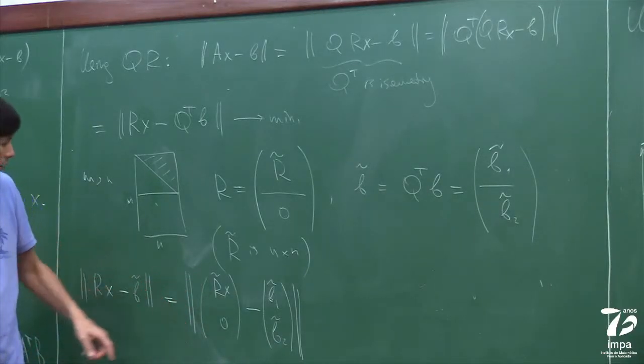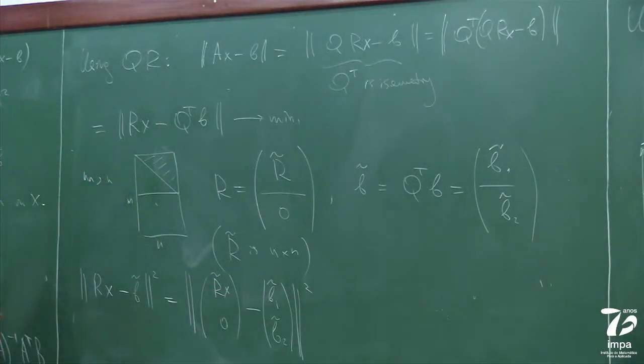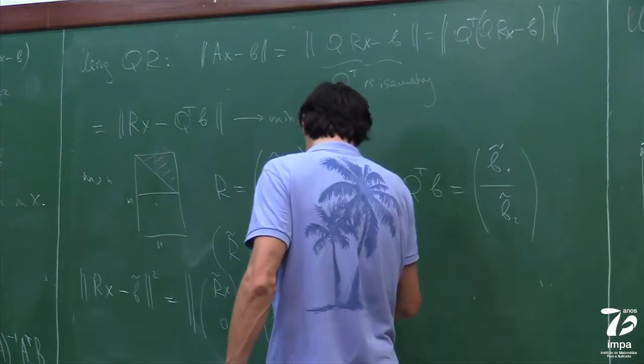So now let's consider the square. It's the sum of the squares: the square of the first part plus the square of the second part.